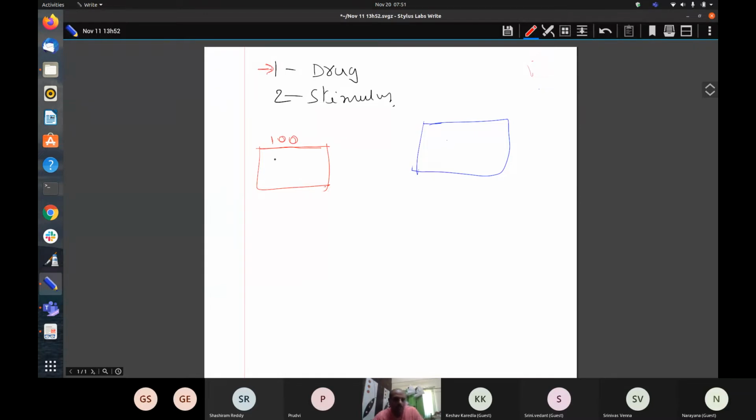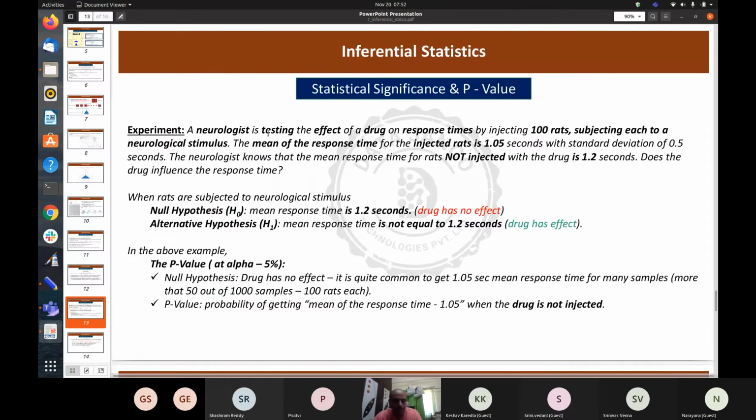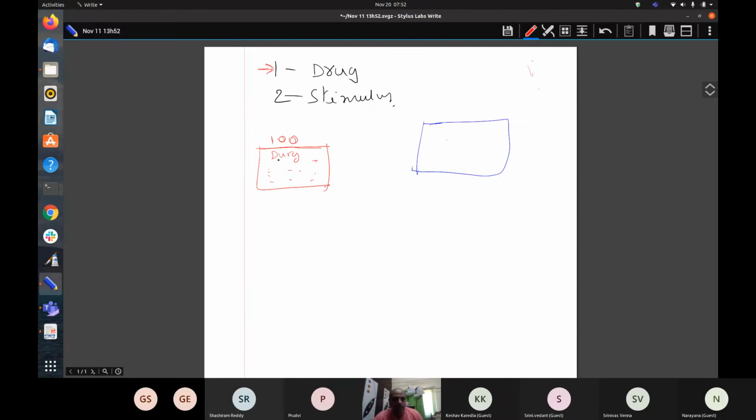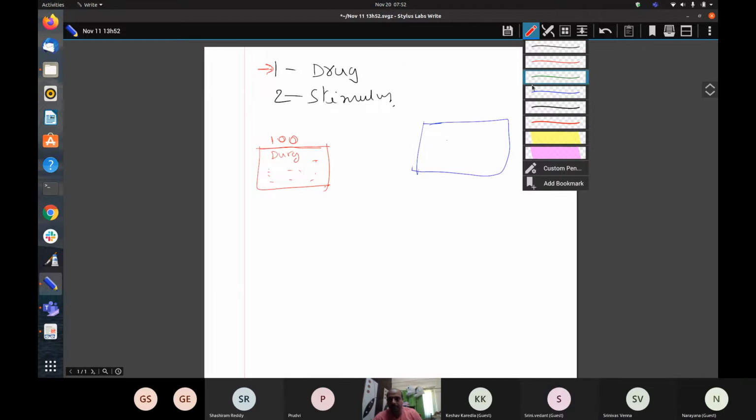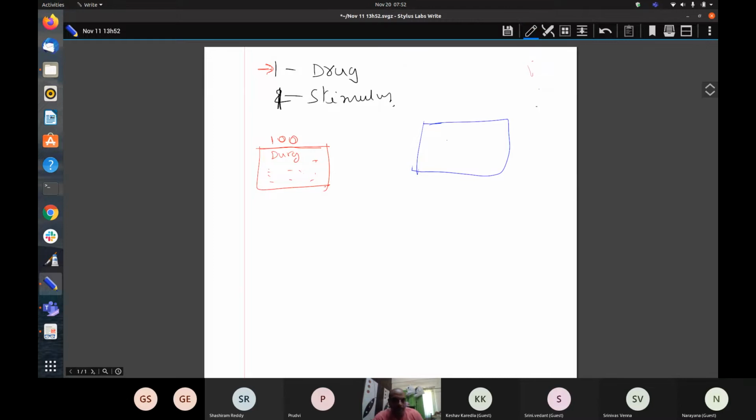The known thing is the neurological stimulus. This is 1 and this is 2.